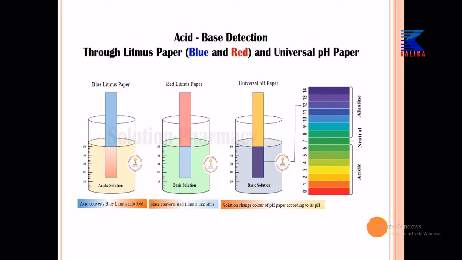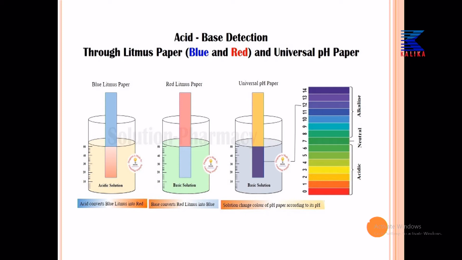So, there is a comparative figure of litmus paper and universal pH paper. Universal pH paper means universal indicator. We will discuss what pH is in later classes. In an acidic solution, the color of blue litmus paper changes into red. Note this point.